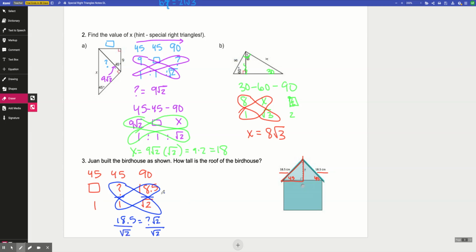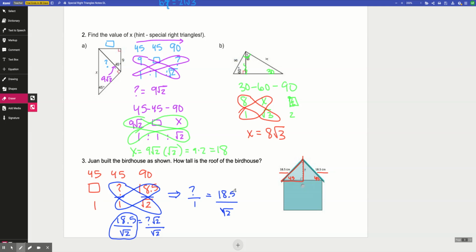Or you could just say, I have a question mark value over 1 has to equal 18.5 over root 2. Do you see how you end up with the same fraction? Because any number or variable divided by 1 is that same thing, right?